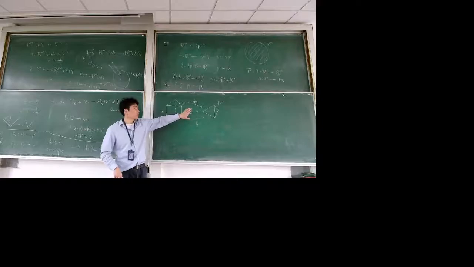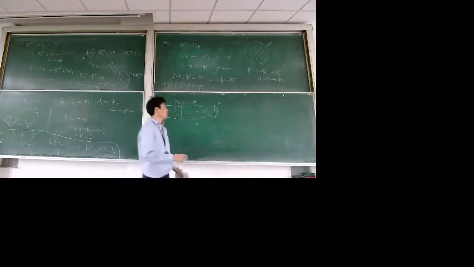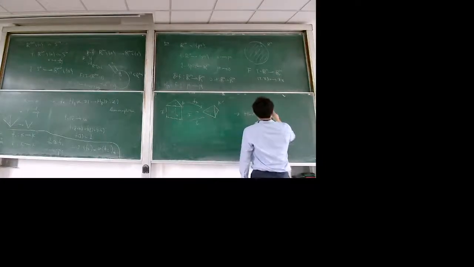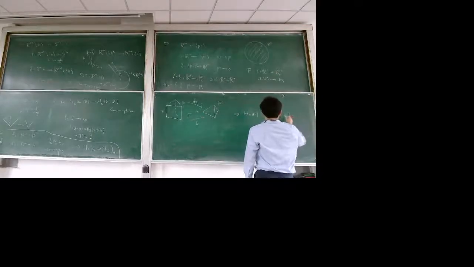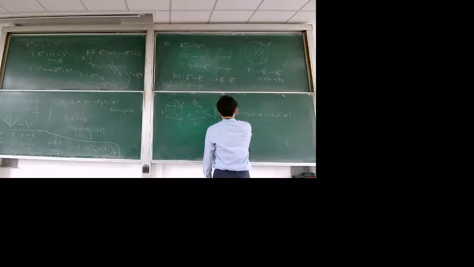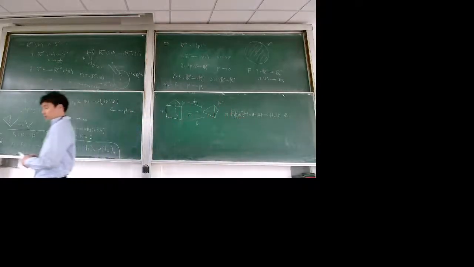If you can construct such a simplicial map, then the homology of K is the homology of K prime. I'm going to omit Z. Then this means that F0 is the same as F1 as a map. That's what it means.